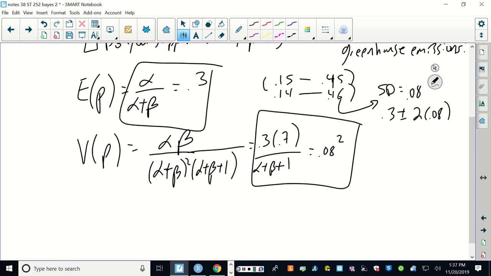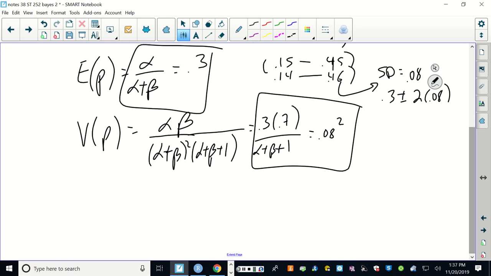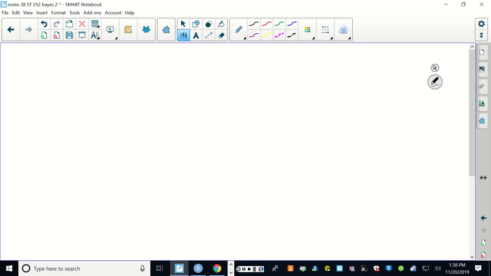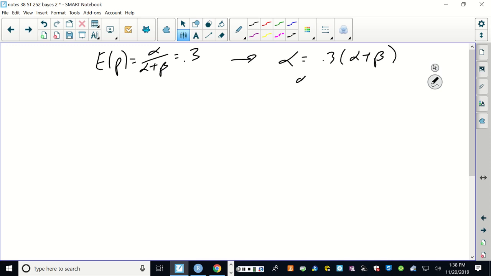It's not too bad to do this. What we're going to do now is solve for alpha and beta. I'll do it on the next page. The expectation was alpha over alpha plus beta, and that was 0.3. So that implies that alpha is 0.3 times alpha plus beta, or alpha plus beta is alpha over 0.3.